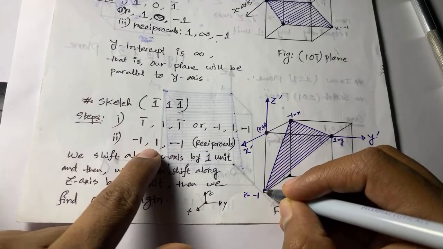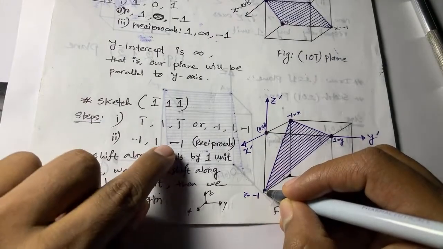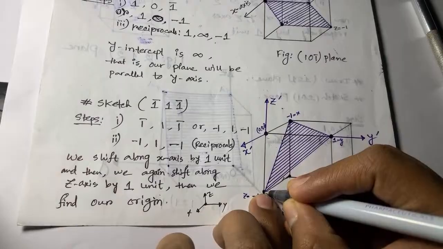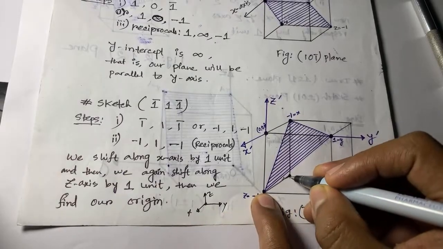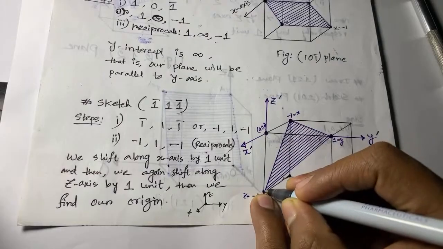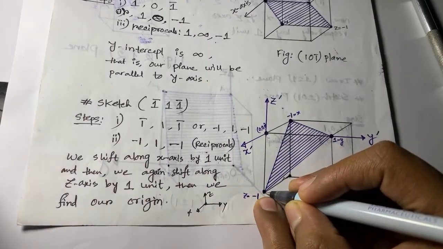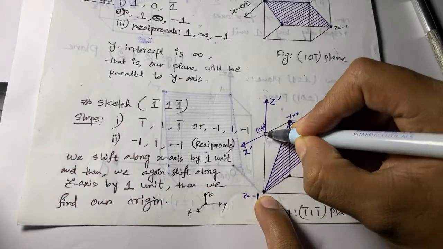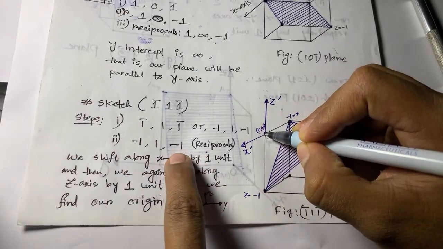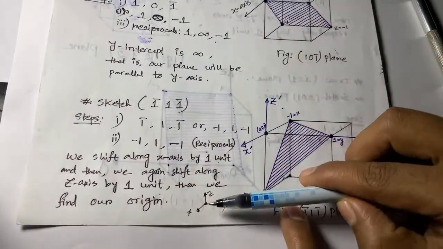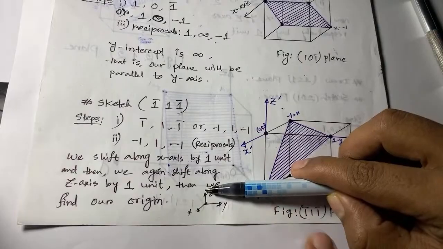So don't worry about y, worry about z, because your z value is negative. We have already shifted the origin because the x value is negative. Now we will shift this origin to this point because our z value is also negative. This is usually the z-axis.